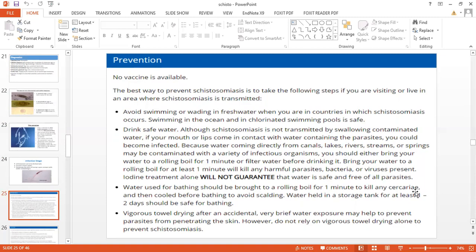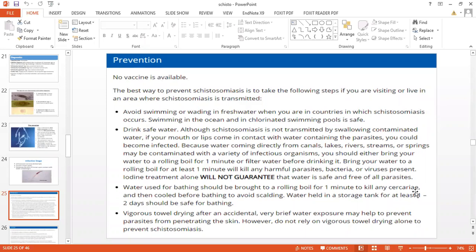Although schistosomiasis is not transmitted by swallowing contaminated water, if your mouth or lip come in contact with the water containing the parasite, you could become infected, because water coming directly from canals, lakes, rivers, streams, or springs may be contaminated with a variety of infectious organisms.